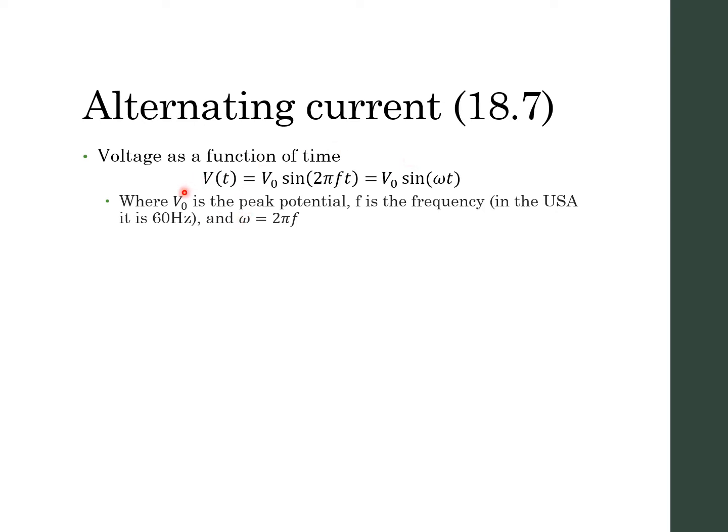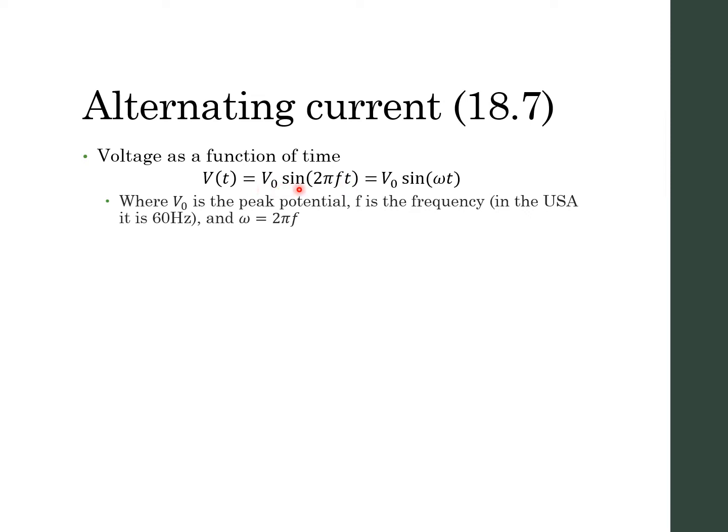Here we have the voltage as a function of time. It's going to be equal to our peak potential, the maximum value that we have for our potential, times sine of 2 pi f t. f is going to be our frequency, which here in the United States is 60 hertz, multiplied by the time.